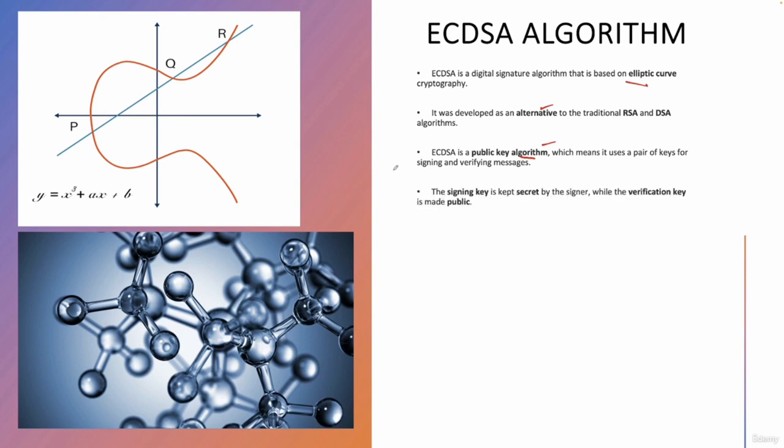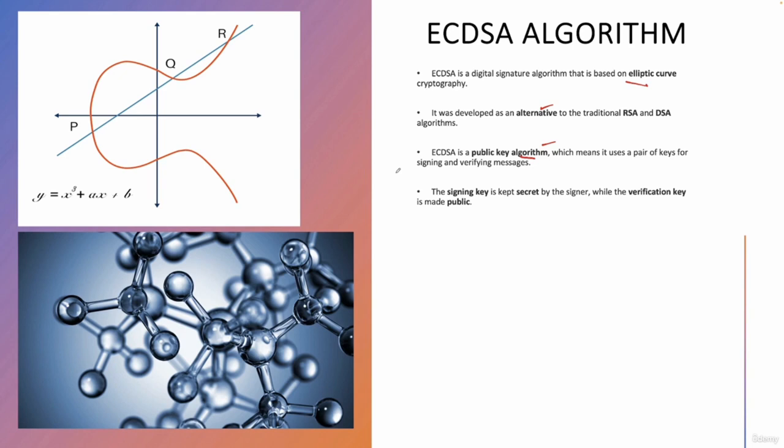Now, the signing key is kept secret by the signer, while the verification key is made public. As we know, there's a public-private key pair. The sender signs with his or her own private key, and then sends it over the network. Who can decrypt it? Only the signer's public key, which is anyway available to anybody.